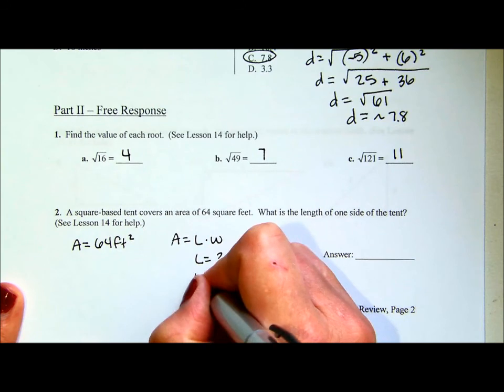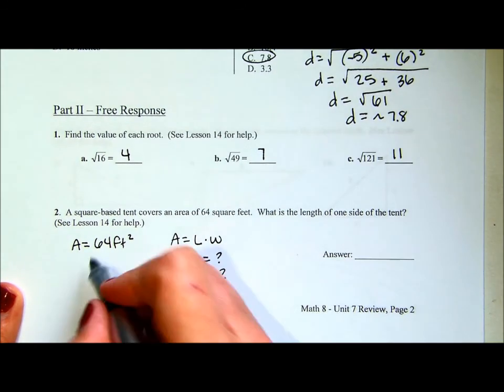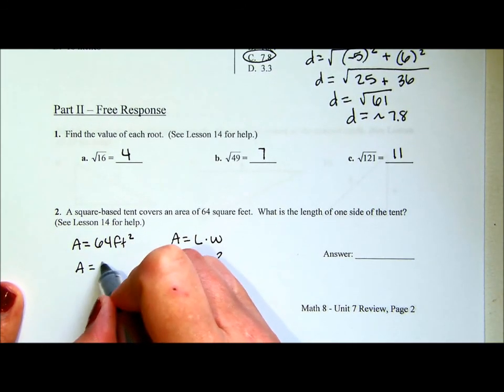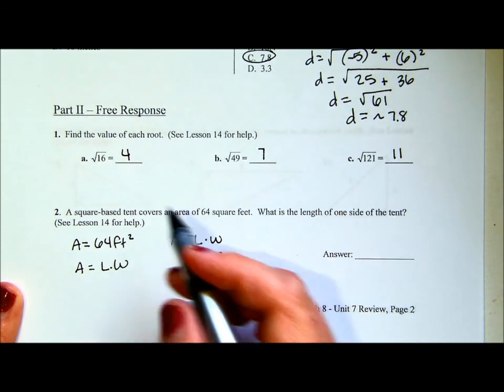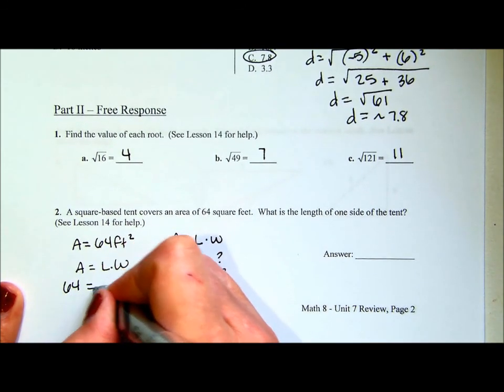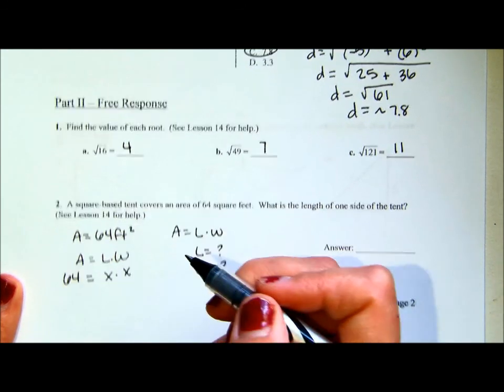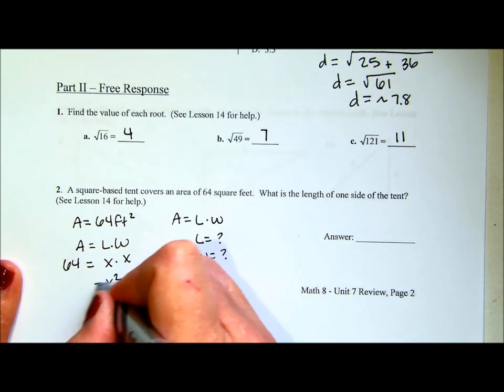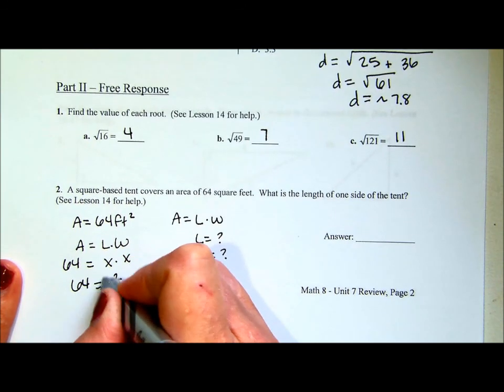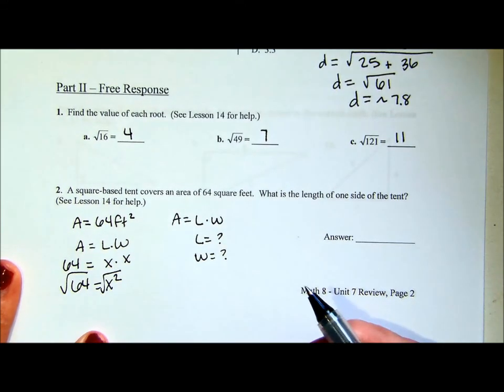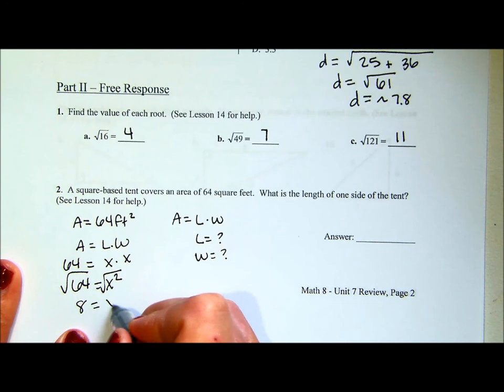We don't know what our width is. So area is equal to length times width. I'm going to plug in the 64 for the area and an x for length and an x for width. X times x gives me x squared. So x squared equals 64. I'm going to square root both, giving me 8 is equal to x.